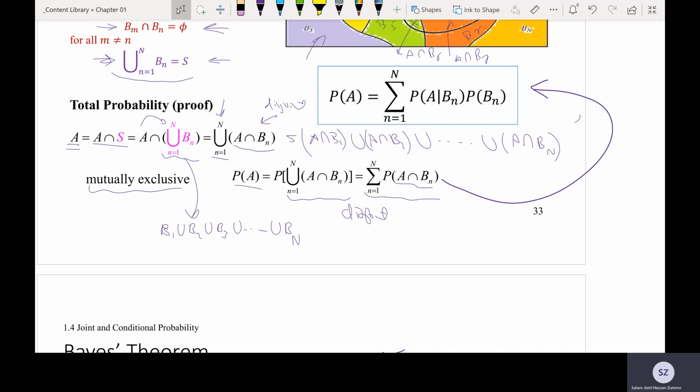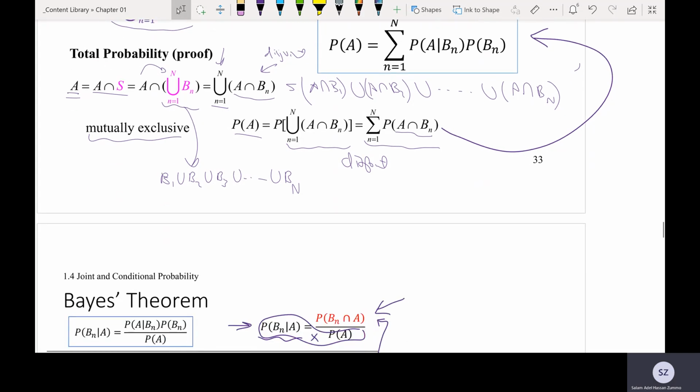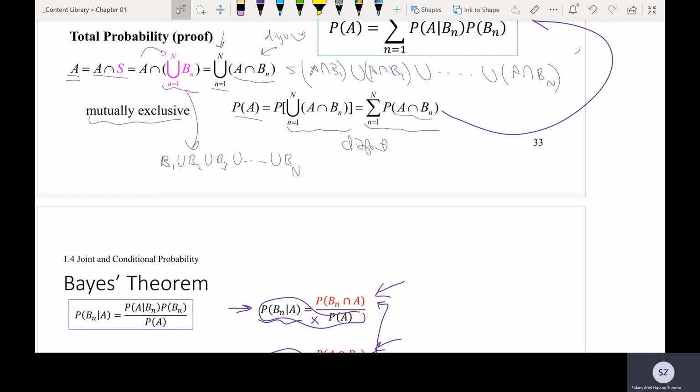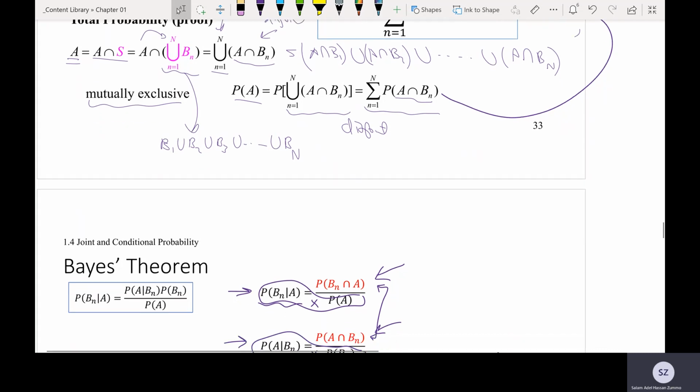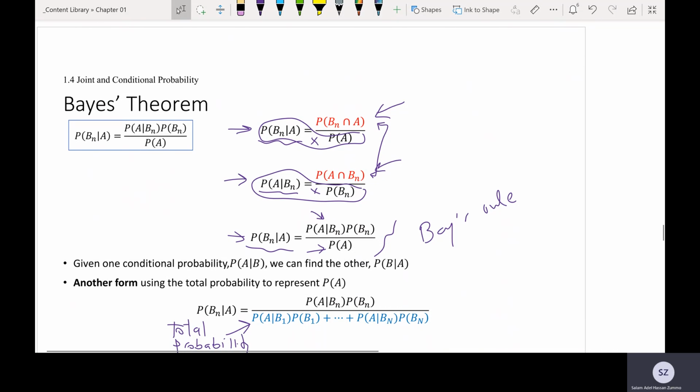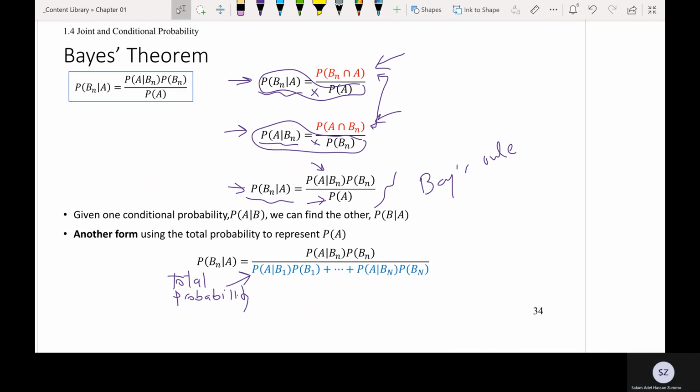So the probability of Bn intersect A is the same as the probability of A given Bn multiplied by the probability of Bn.